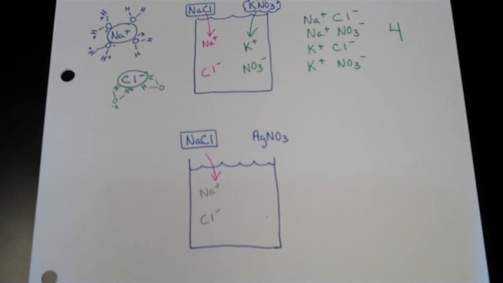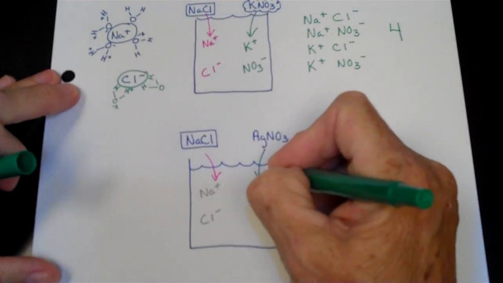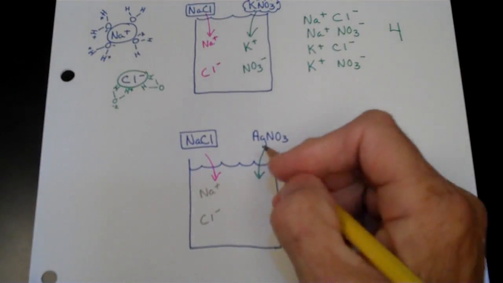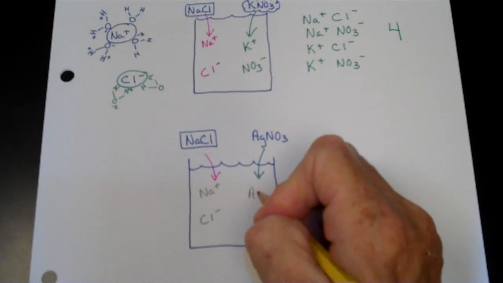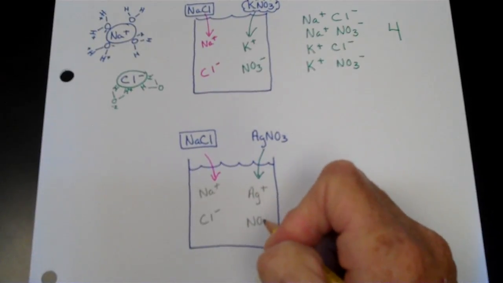What about the solubility of silver nitrate? All nitrates are soluble. So when silver nitrate goes into solution, it too is going to break up to form ions. The ions it forms would be the silver, positively charged cation, and the nitrate anion.